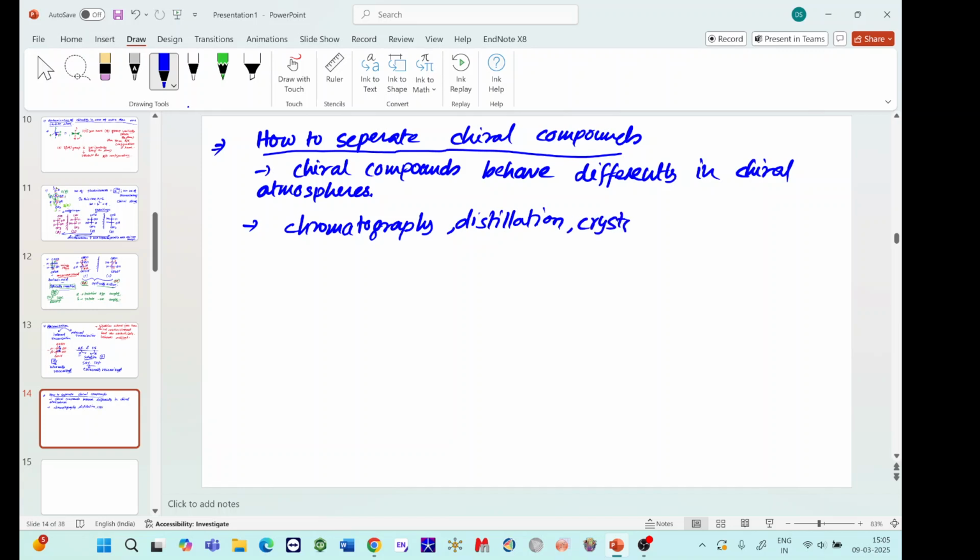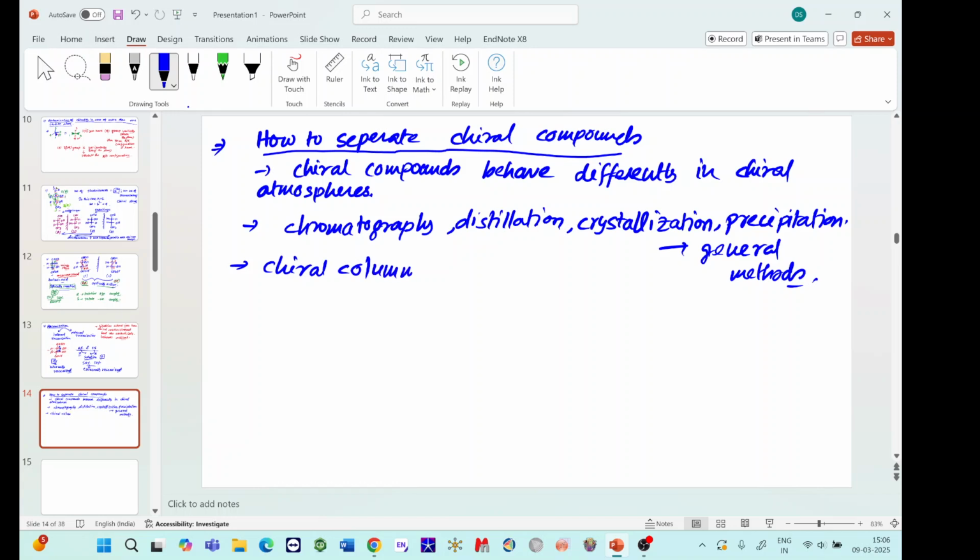Crystallization, and then precipitation. These are general methods. But you need to have some chiral environment. What you will do is use a chiral column. So you know about column chromatography?